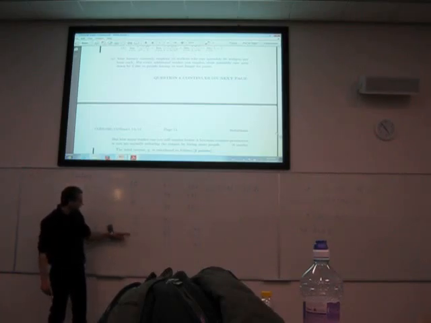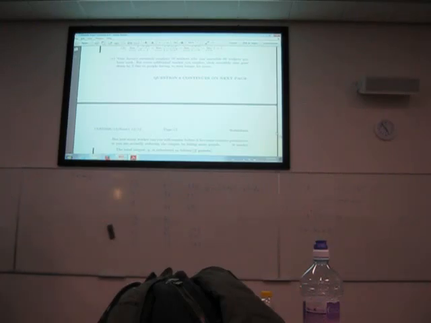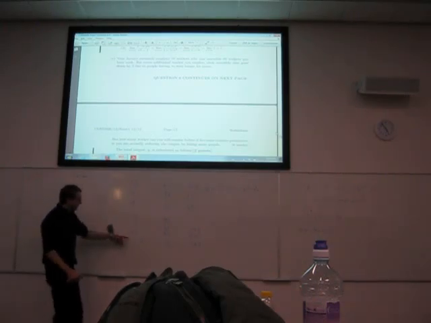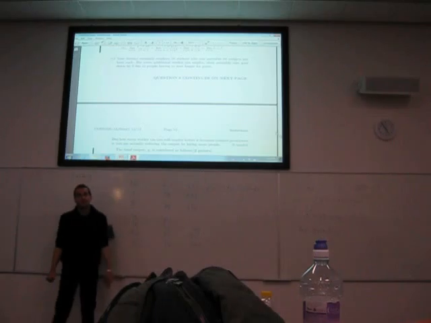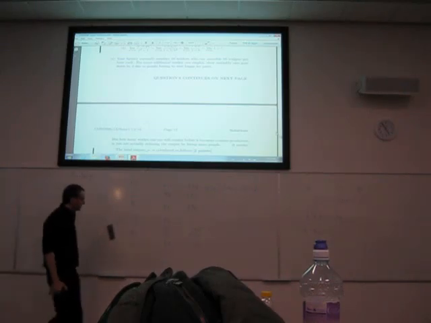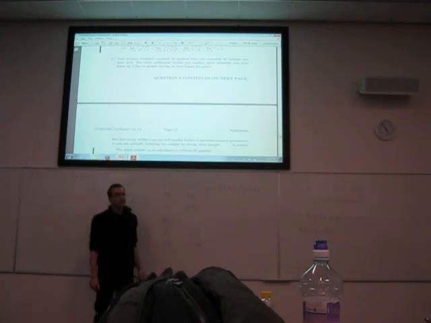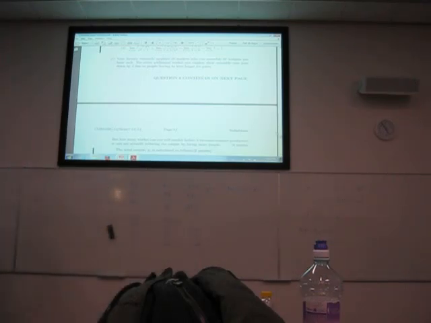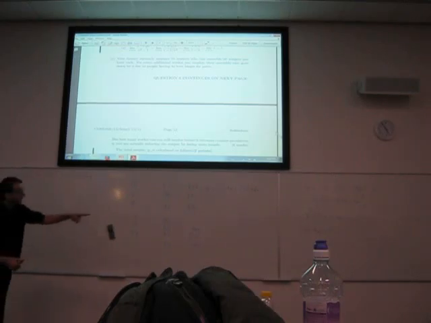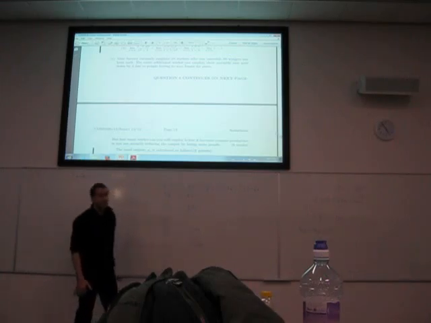I'm not quite sure whether that extra person is worth the extra 2 widgets, but that's a business decision. But as soon as you get another one, the output goes down again. So the proper answer is probably saying you only hire 19 because those extra 2 widgets are probably not worth the amount of money you have to pay that extra person. But in terms of the exam question, it would have been 10. So 20 is the maximum number of people you need to get the maximum output.